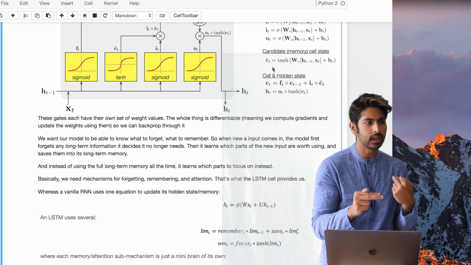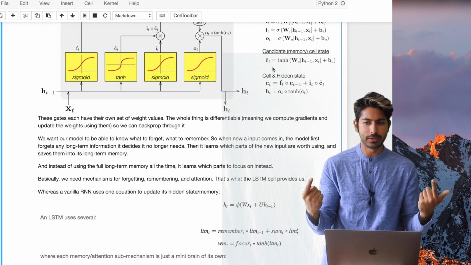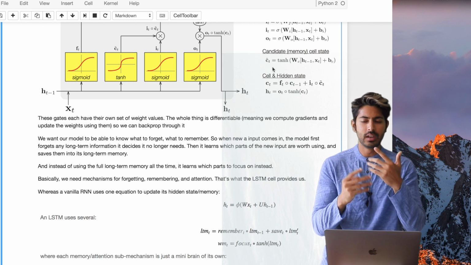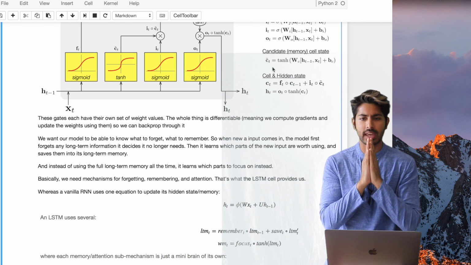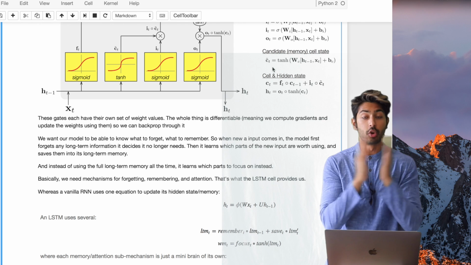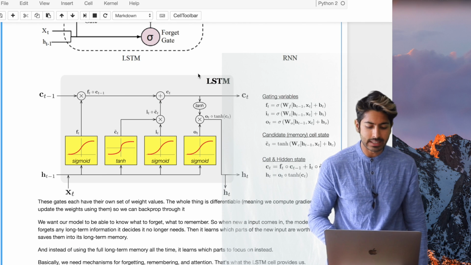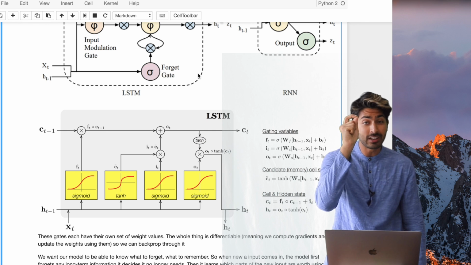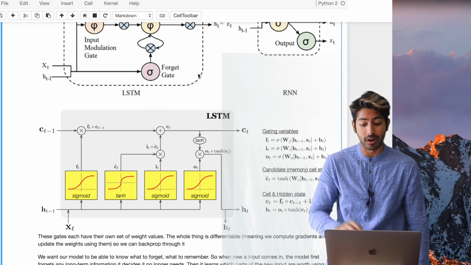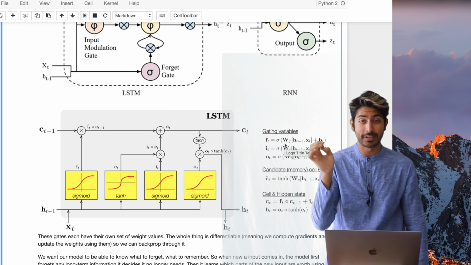So you might see these and you might think, okay, I see the ordering, I see how they represent forgetting and remembering, but I don't make the connection between still how it knows what to forget and what to remember. And that's the amazing thing about neural networks. These gates are essentially perceptrons. They're like mini networks, right? With a single node, the node is the gate itself. It's a single node with a single activation function.